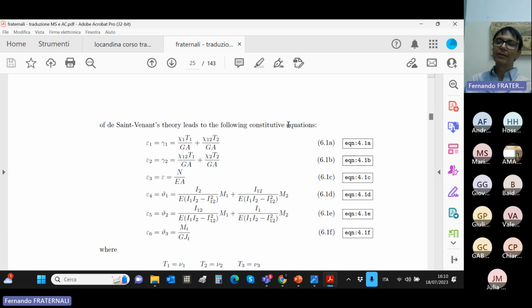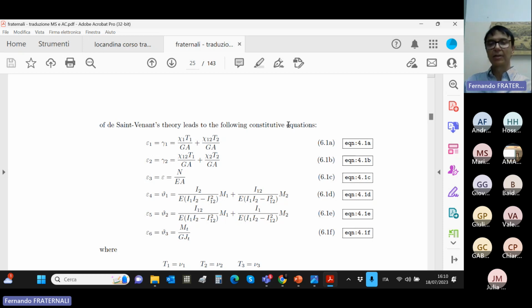For this reason, we have kept in our constitutive equations of the classical beam theory the coupling term, due to the fact that we are not assuming a principal axis of inertia.